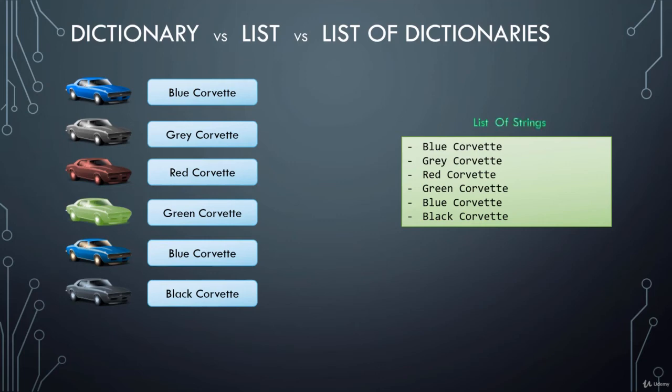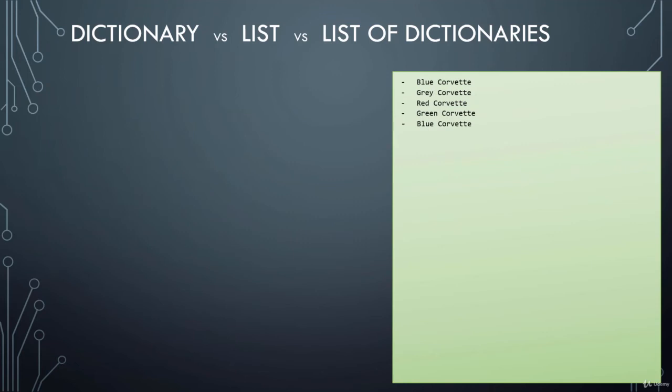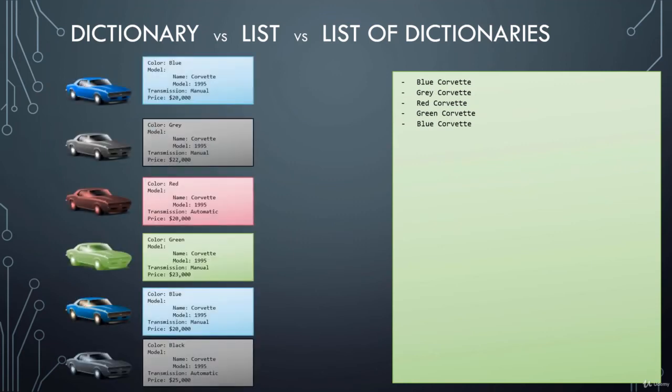What if we would like to store all information about each car? Everything that we listed before, such as the color, model, transmission, and price. We will then modify the array from a list of strings to a list of dictionaries. So we expand each item in the array and replace the name with the dictionary we built earlier.